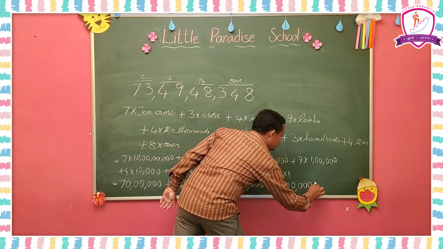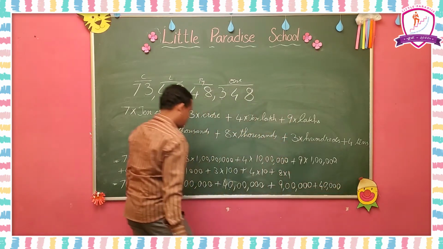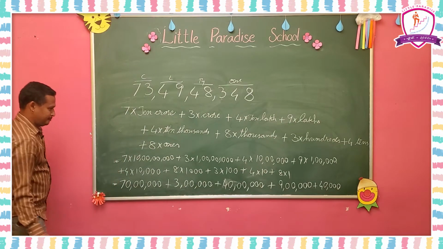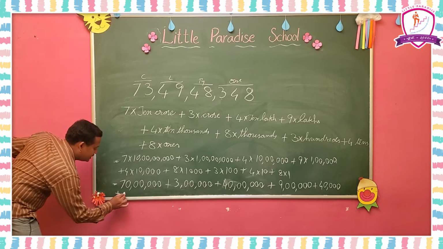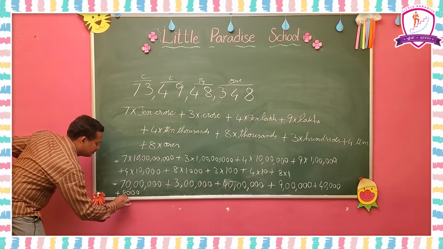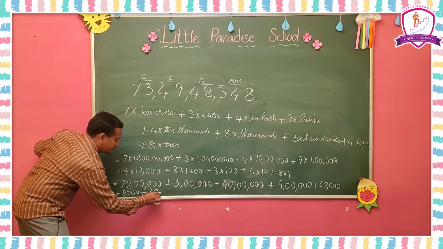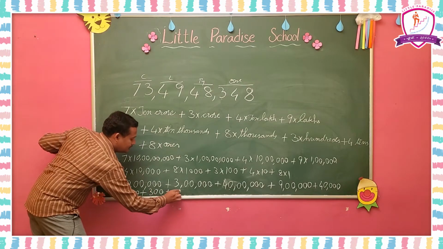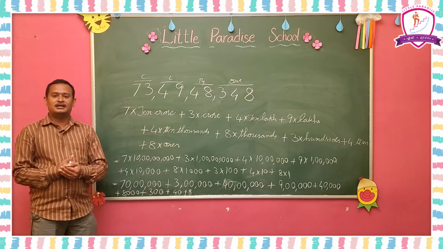Plus 4 in 10,000 means 40,000. Plus 8 in thousands means 8,000. Next 300 plus 40 plus 8. Like this you have to write the expanded form.